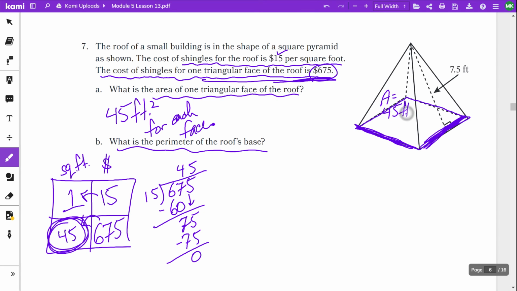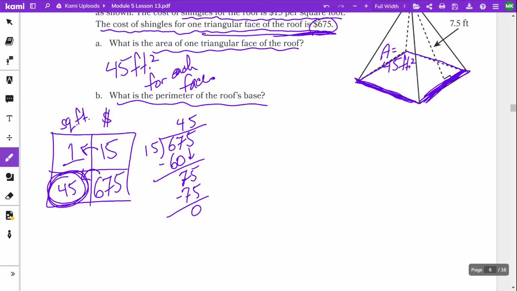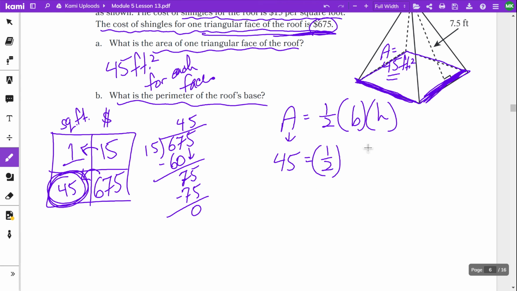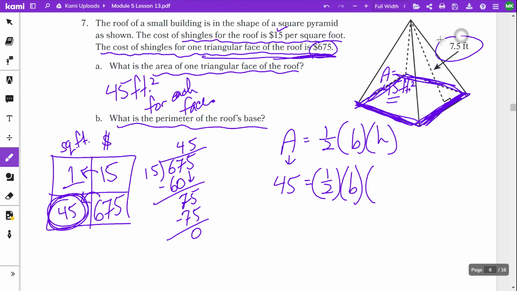So I suppose if I use the area for a triangle, I can figure this out. The area, according to my calculations, is 45, and I have my 1/2, and I'm looking for that base because I want this value all the way around. And then they gave me the height. That's the key to this game.